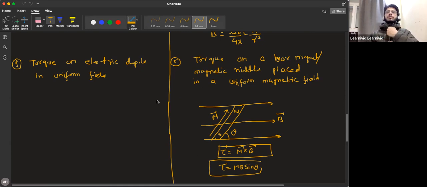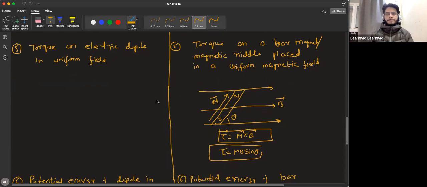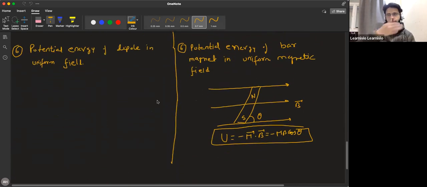By just looking at a formula, you can't handle modifications. Done, sir. Now let's see what type of questions you can get from this.